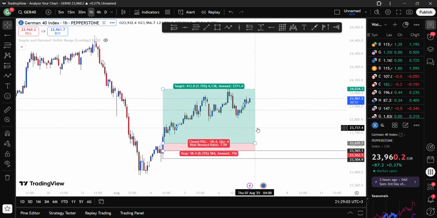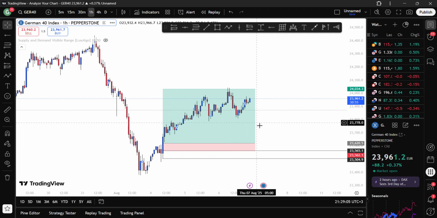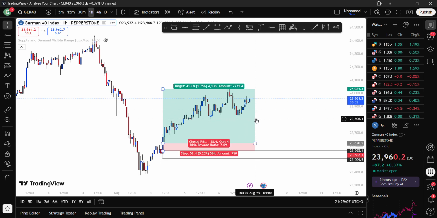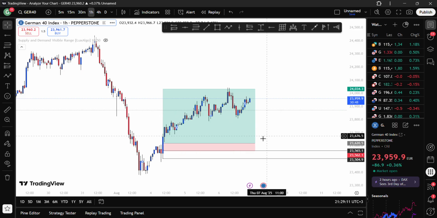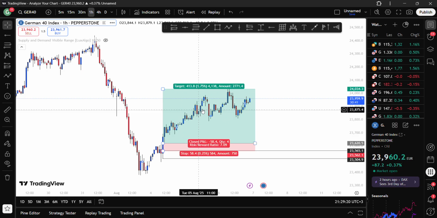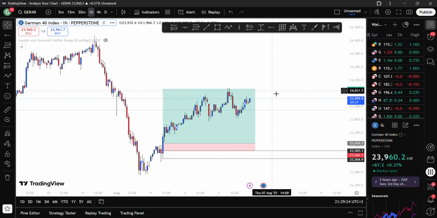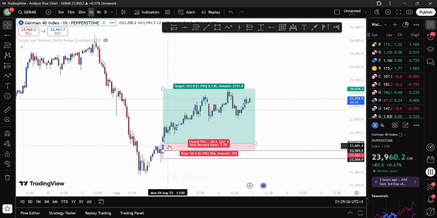You can see it hit up, which is totally fine. And according to our strategy, it did not hit any point below the area where we entered. So that was a clean trade.